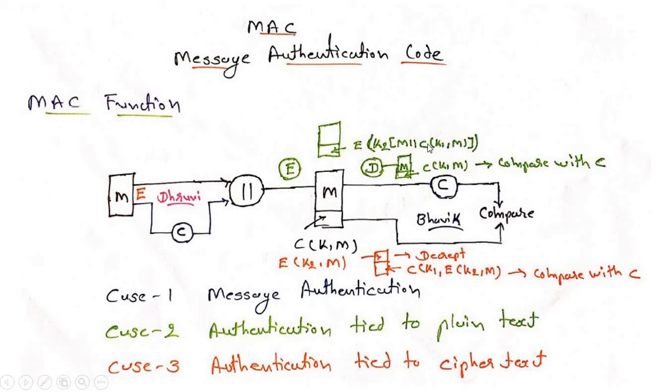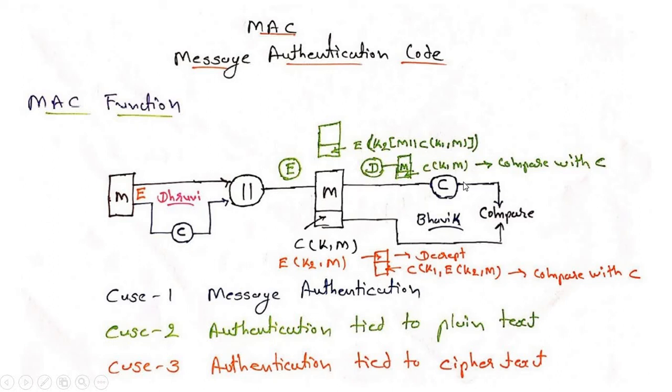C of K1 M means a secret key applied on message M, as well as appended with the original message, and after making this collection, we are applying encryption on this entire portion. Same thing, whenever the receiver receives the message, the receiver will decrypt it and compare it with the secret key.